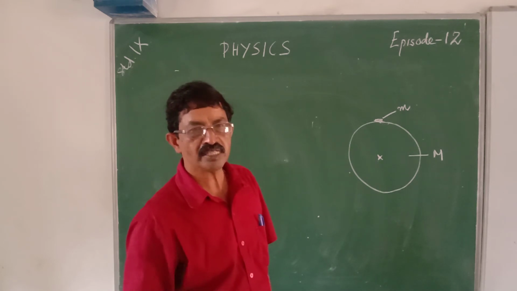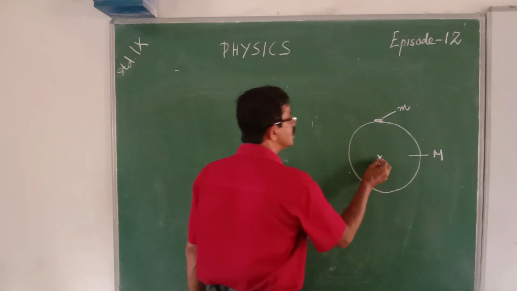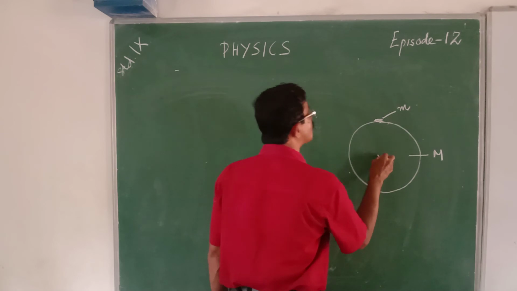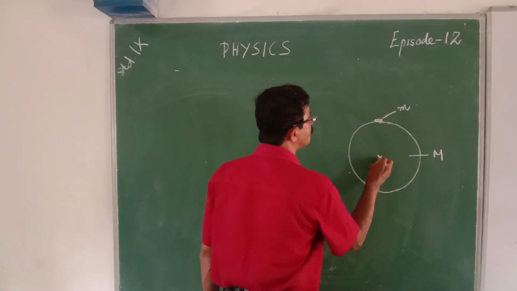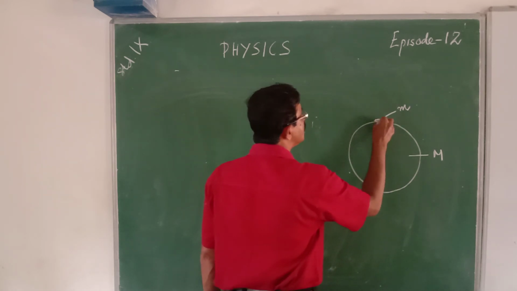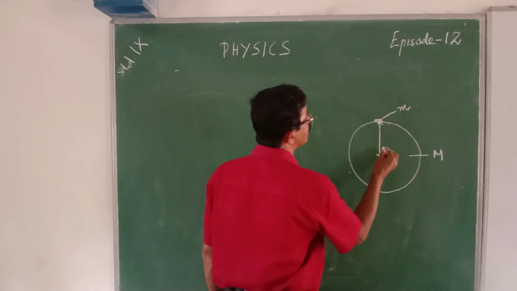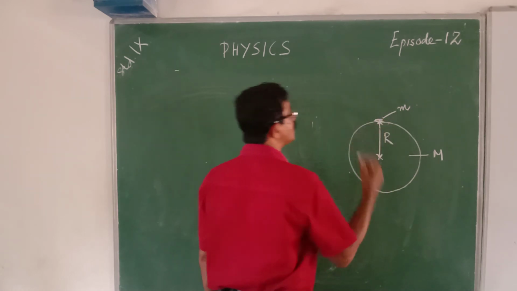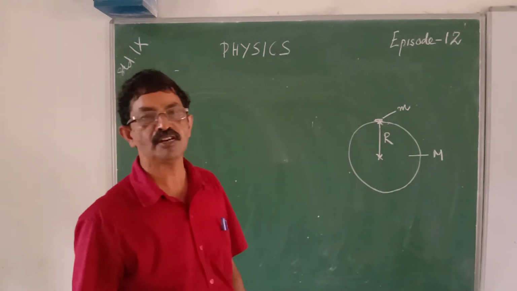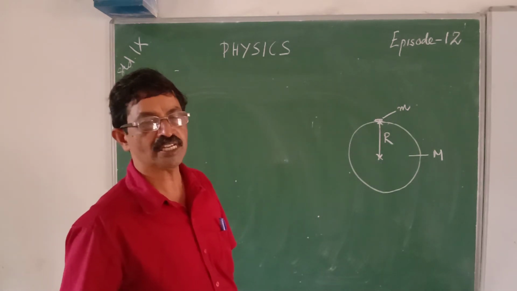So the distance between the centers, that means from the center of the earth to this body, is how much it will come? That is actually equal to the radius of the earth.